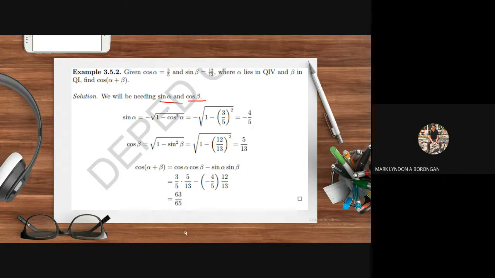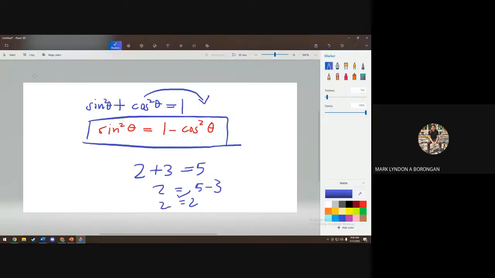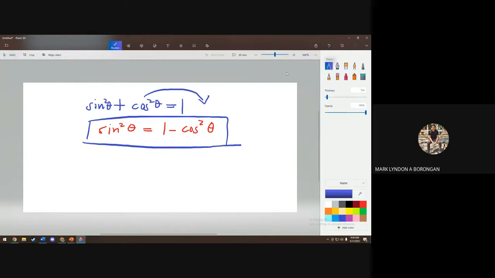What we will use here are just the Pythagorean identities. So, the form is sine squared of theta is equal to 1 minus cosine squared of theta.